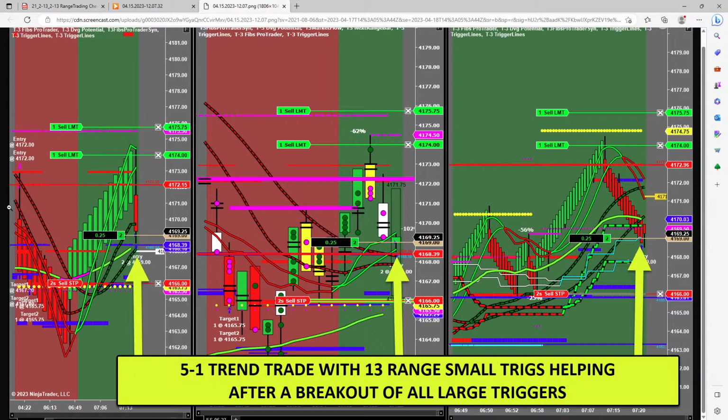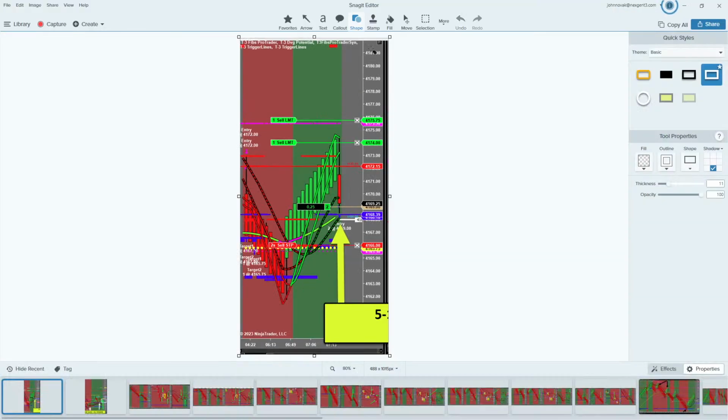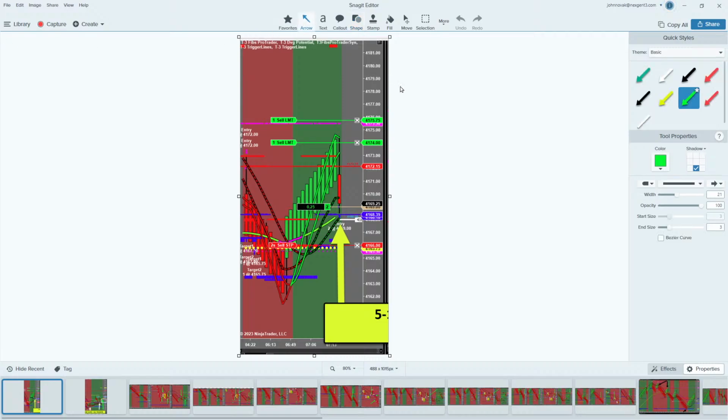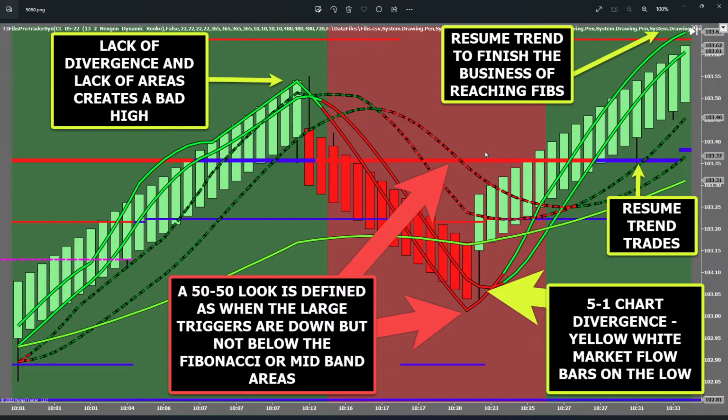Now, this is where the 50-50 comes from. Hang on. Let me be specific. 50-50 is this, look. So watch. I have the short version of it here.